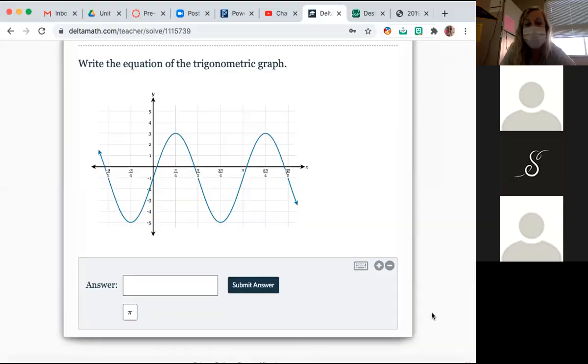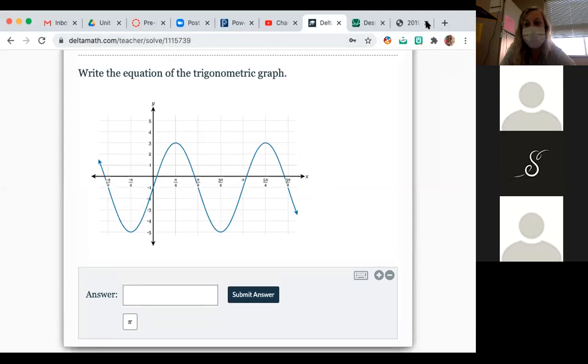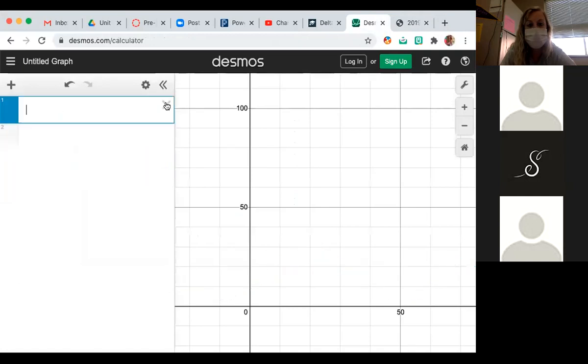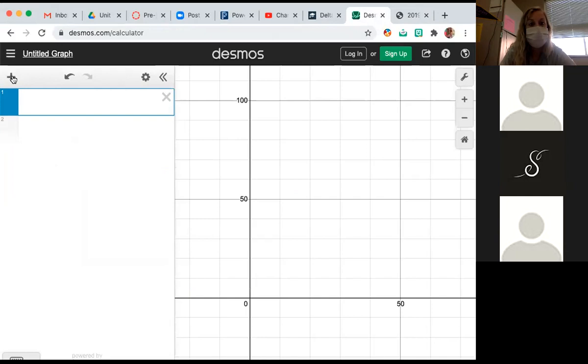People at home, I'm going to do it on the website Desmos, but you can totally do it on your phone as well while you're watching. There's also a Desmos app that is even easier to use than the website if y'all wanted to use it.